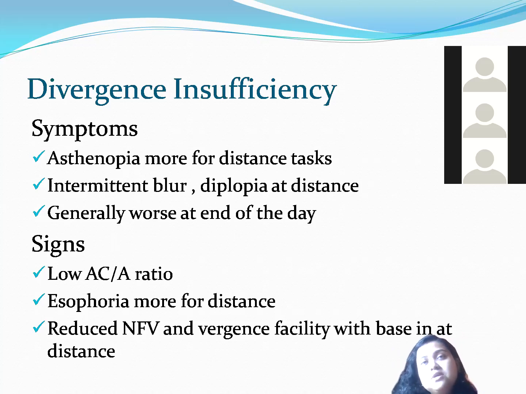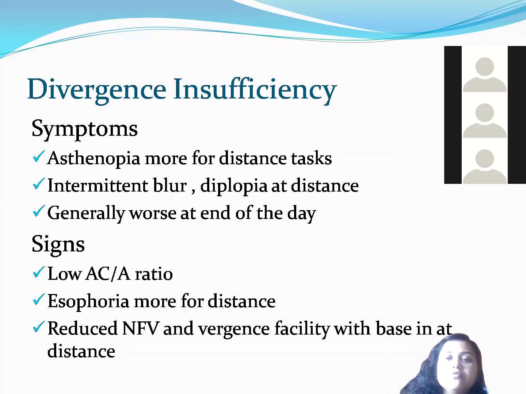Why does it happen? Because the patient might have esophoria, more esophoria for distance. May have an esotropia. So in case of congenital esotropia, also the patient might have a divergence insufficiency. Basically, the distance esophoria is more than the near esophoria.